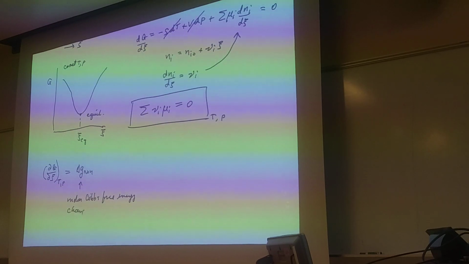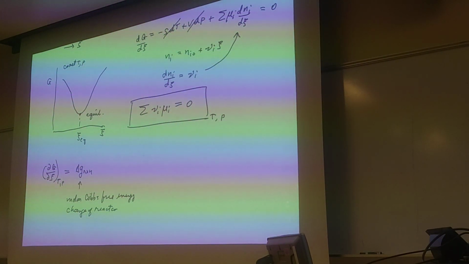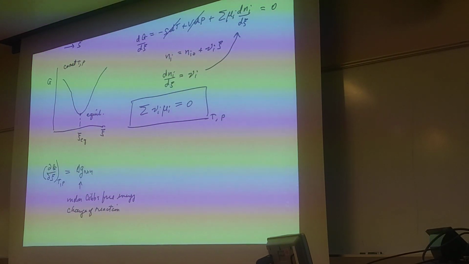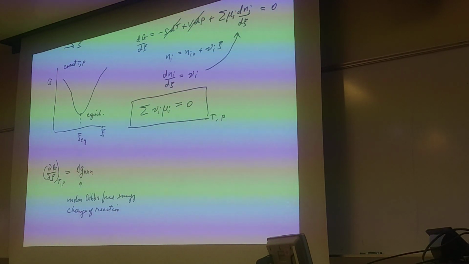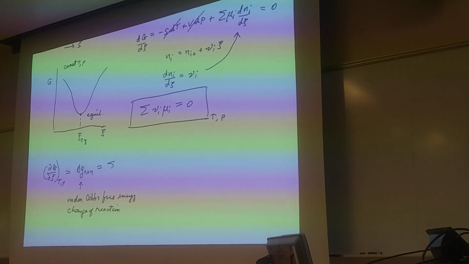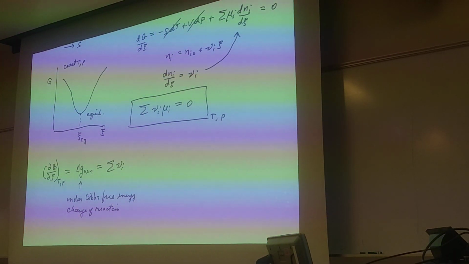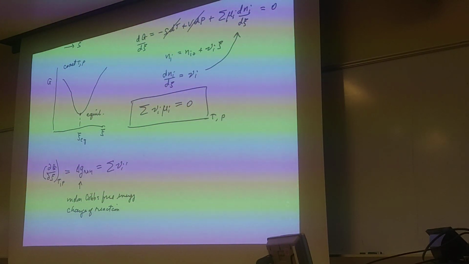Lots of words here, so get it all down. That is what we've designated here as the summation of the stoichiometric coefficients times the respective chemical potentials, and this is what is equal to 0.